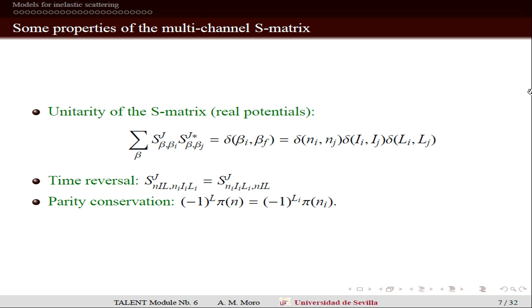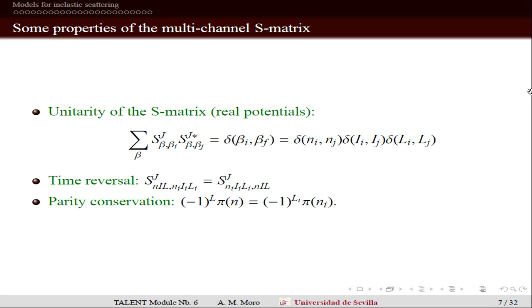Okay, so last week I forgot to put some important properties of the S matrix that we will not discuss now because it's not the topic of today, but I added this line in the new version. So one important property is that for real potentials, this S matrix is unitary, and this expresses the conservation of flux.